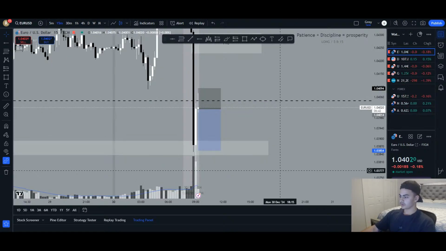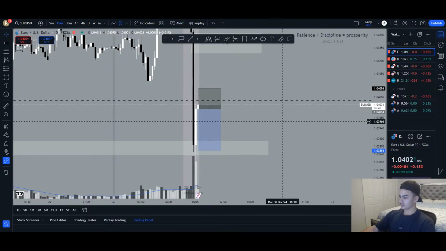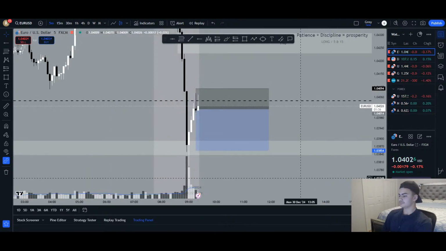How's the 15 minute looking? Okay. That closed as a bearish hammer also.